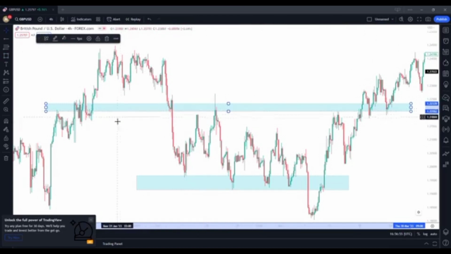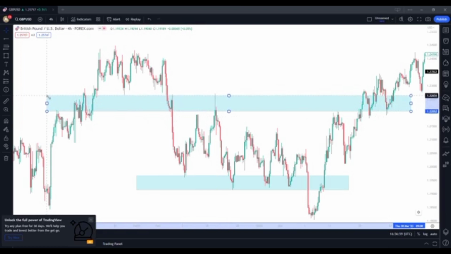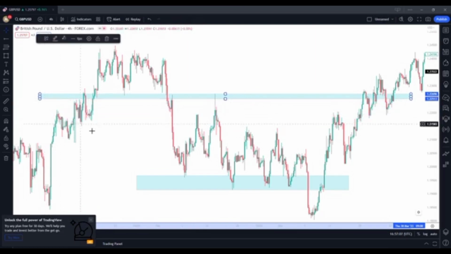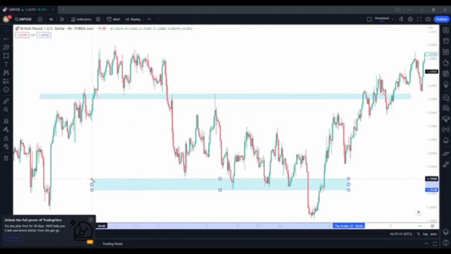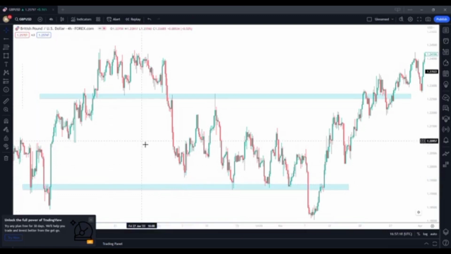Why? Because what technical analysis does is try to predict the future from past occurrence. So if the market has respected a particular zone before, it is possible for the market to respect that zone again.